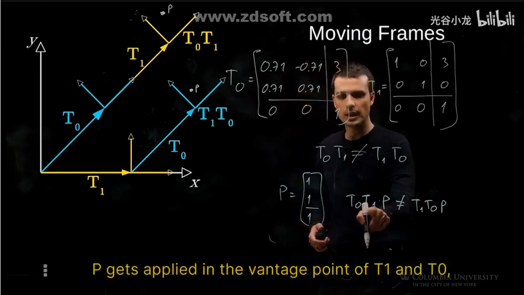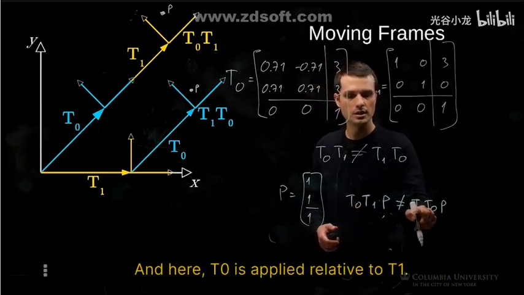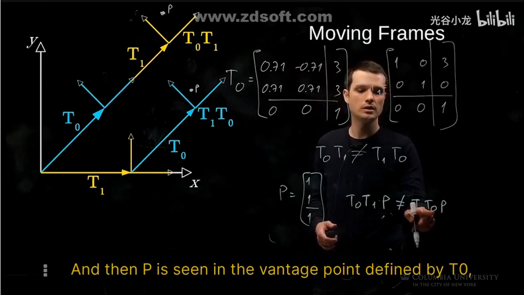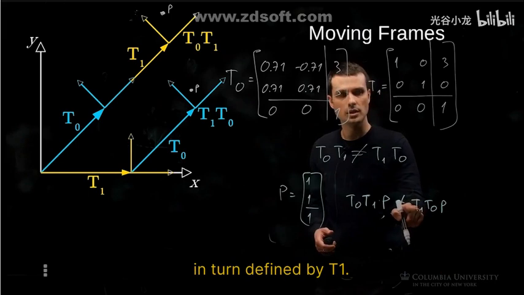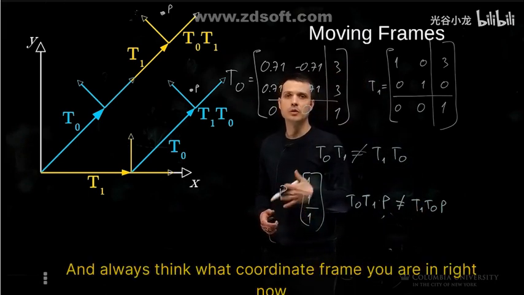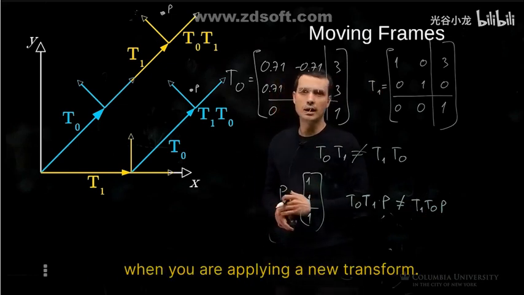P gets applied in the vantage point of T1 and T0, which are both to the left of it. And here, T0 is applied relative to T1, and then P is seen in the vantage point defined by T0, in turn defined by T1. So order matters, and always think what coordinate frame you are in right now when you are applying a new transform.